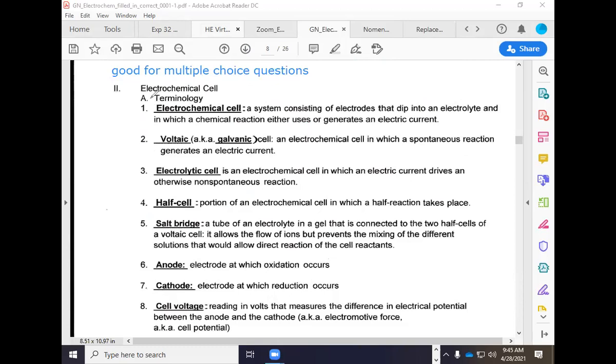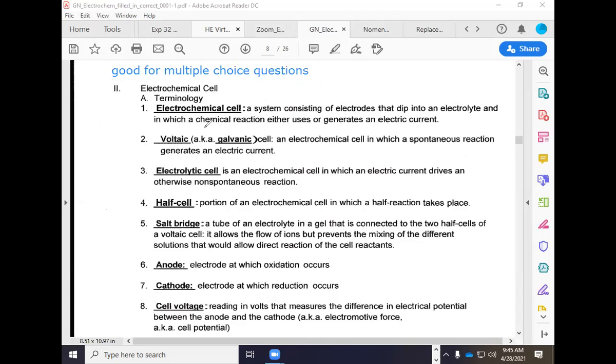We're going to start with electrochemical cell, a system consisting of electrodes that dip into an electrolyte, and in which a chemical reaction either uses or generates an electric current. This is used interchangeably, Voltaic or galvanic.